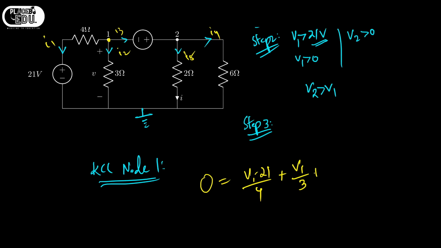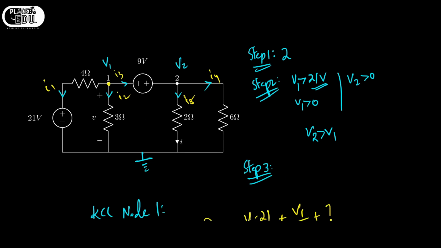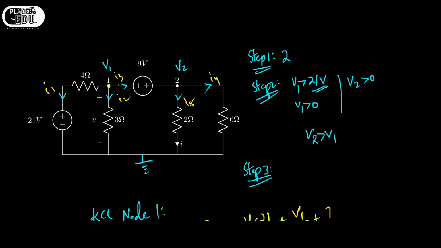And what is I3? See here, in order to get the current I3, it should be in the form like it is V1, this is V2, and there should be some resistor or something to which we can apply Ohm's law. But here we have a voltage source.